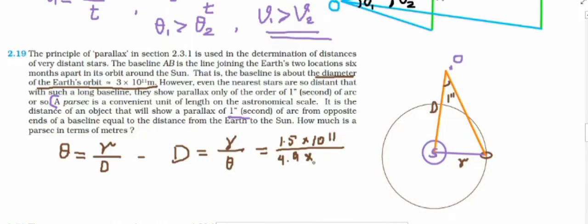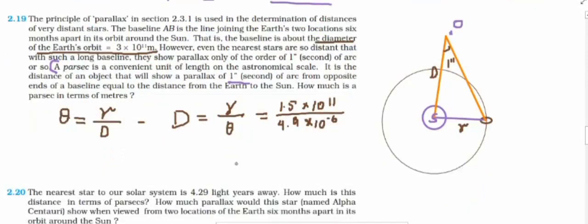So we can have 4.9 into 10 power minus 6 radian. So from this calculation only you will get it. So d is 1 parsec.